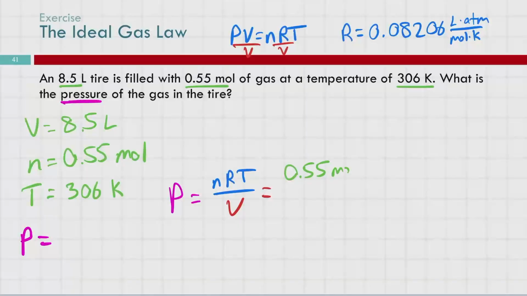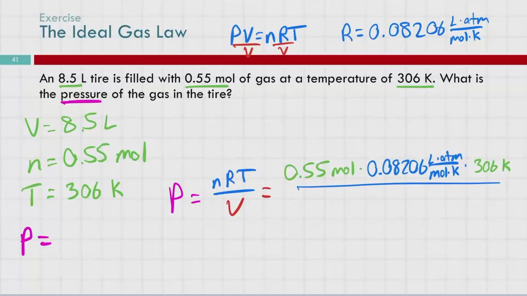Plugging our numbers in with all of our units. Oh, what fun it is to know units. Our R value has liter atm per mol K for its units. And our temperature, 306, dividing by V, which is 8.5 liters.